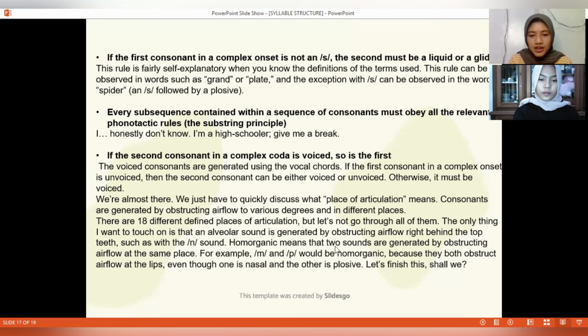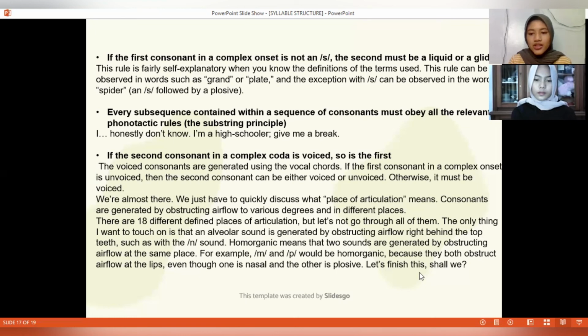Homorganic means that two sounds are generated by obstructing airflow at the same place. For example, M and P would be homorganic because they both obstruct airflow at the lips, even though one is nasal and the other is plosive.